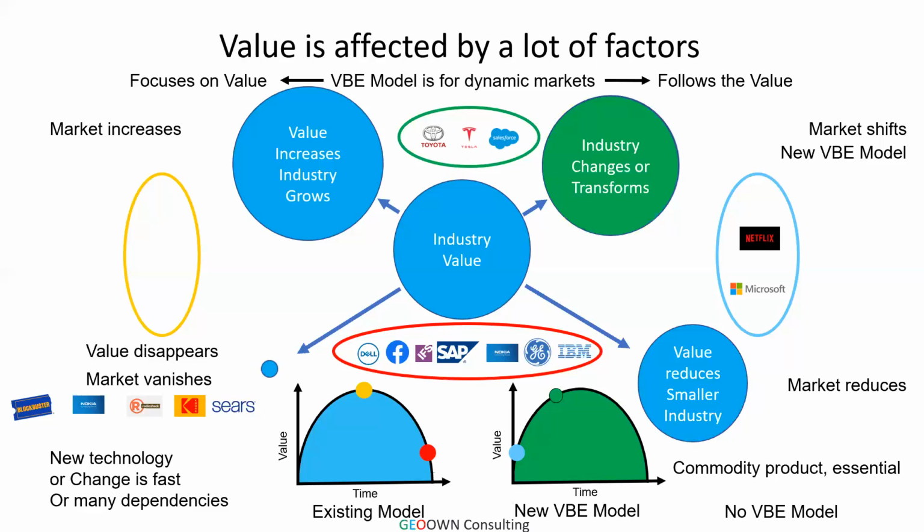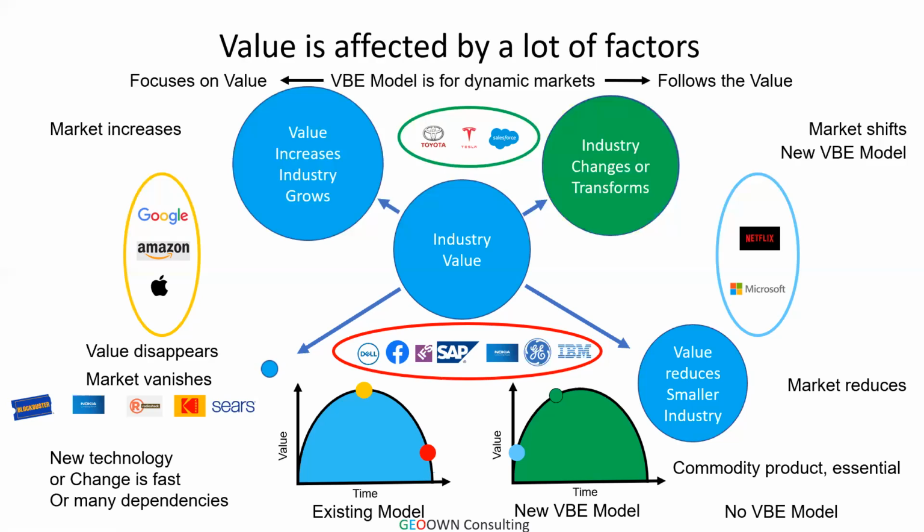Then you have these companies in green, getting near the top of their VB model: Toyota, Tesla, Salesforce. They have innovated, and Salesforce recently put Oracle behind it in terms of market value. And on the yellow part are companies which are at their peak today, and most probably they will start going down in their value model: Google, Amazon, and Apple.